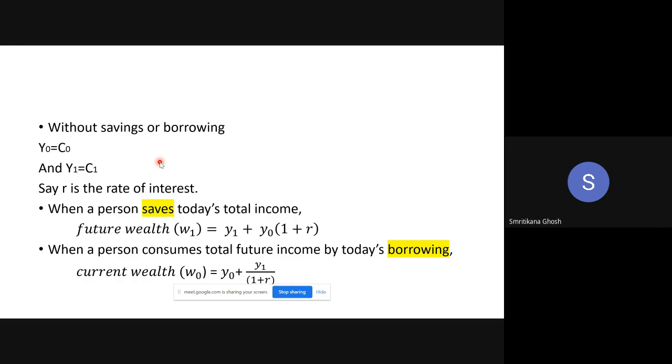This is opportunity cost because today you are saving, so you are losing the opportunity of consumption. And in exchange for that, tomorrow you can consume more than your income. This is what we are also doing when we are saving today. At a young age, people are very eager to save. Why?